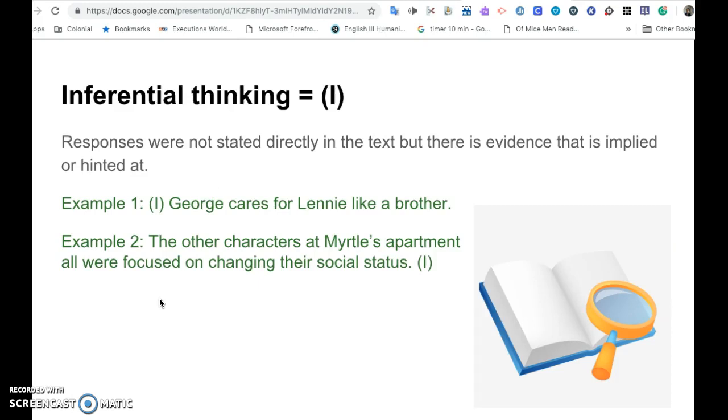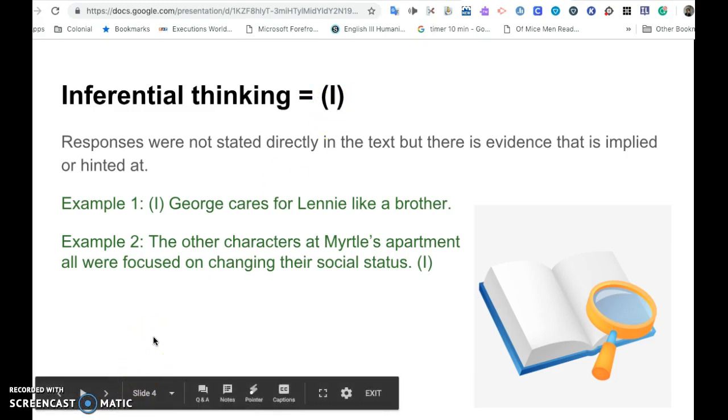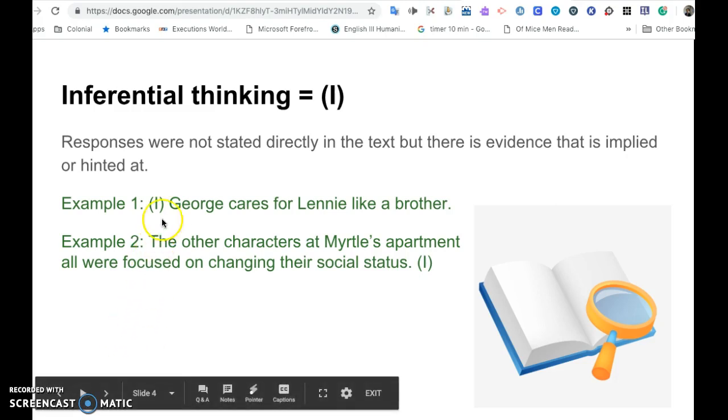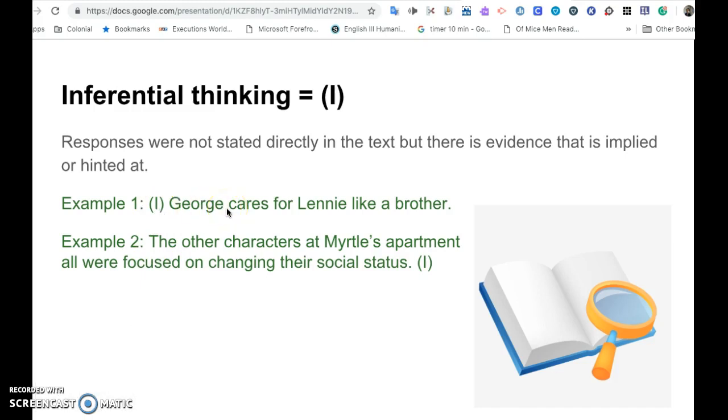Another way to monitor your thinking as you read is by writing down inferences, and that's going to be abbreviated by I. Inferences are things that aren't directly in the text, but there's enough evidence that you can infer it or guess that it's happening. So here's an example, and again, notice I coded it with I at the beginning. George cares for Lenny like a brother.